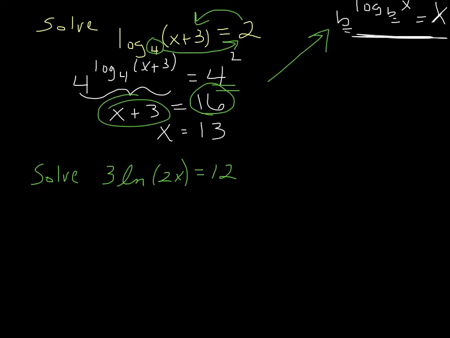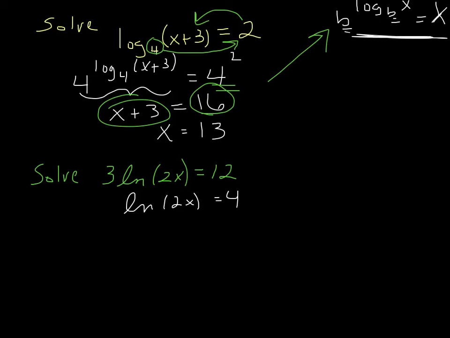So let's look at the next example in the green here. I have 3 natural log of 2x equals 12. Just like with exponentials, in order to solve the logs, we want to get the log by itself. So the first thing to do here would be to divide by 3. So I'd have natural log of 2x is equal to 4. What is the base of the natural log?